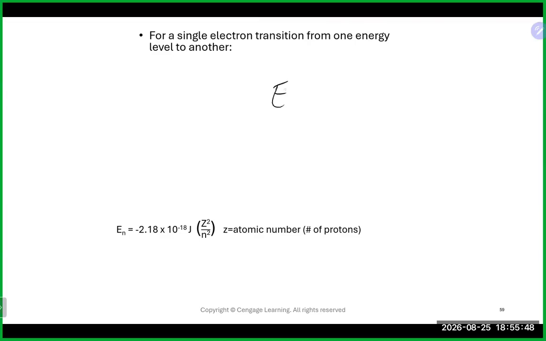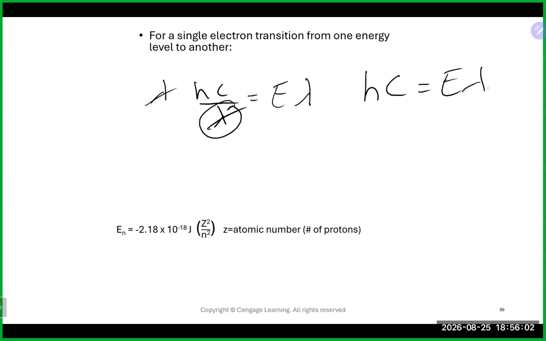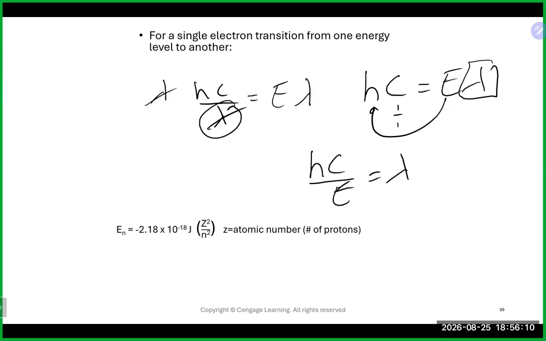We had our E, which is equal to hc over the wavelength, right? So we were looking for wavelength in this case, so we do need to multiply the wavelength to both sides. They cancel, and that gives us hc equals E times the wavelength. And since we want to isolate the wavelength, we have to bring this back over to divide. And that's how it gets to the bottom over there. Yeah.